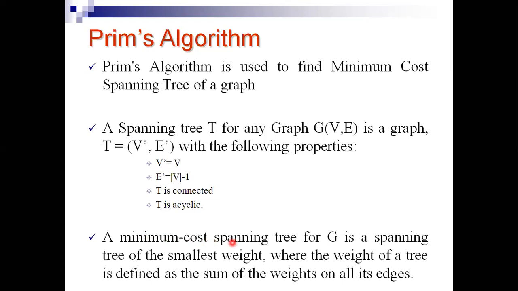This minimum cost spanning tree is the optimal solution obtained by Prim's algorithm. All spanning trees that I get for a graph are feasible solutions. The one which has got the smallest weight is my optimal solution.